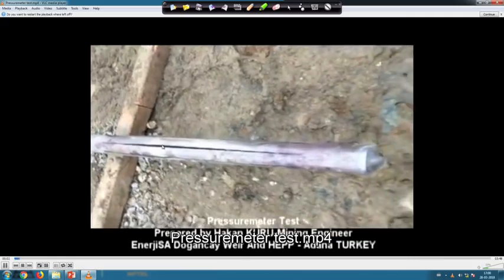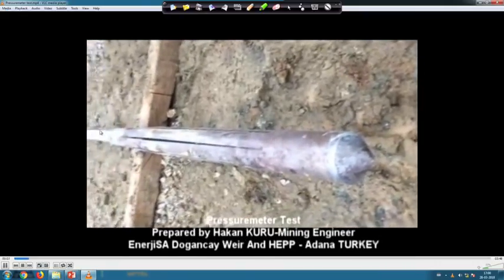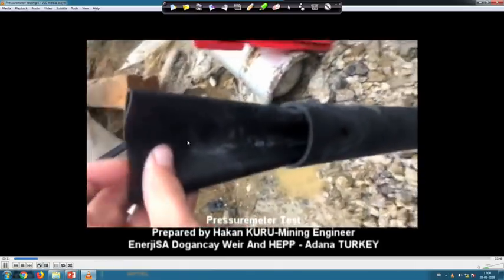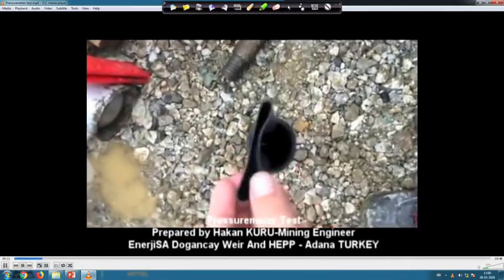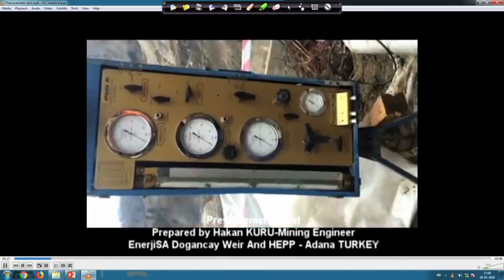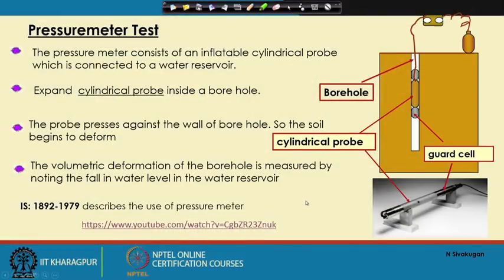I can show you one particular video of the pressure meter, where these parts will expand, and these are the two guard cells. This is the membrane where we apply the pressure, and it will expand, and the soil will start to deform, and we can measure the volumetric deformation with the help of the water level difference.